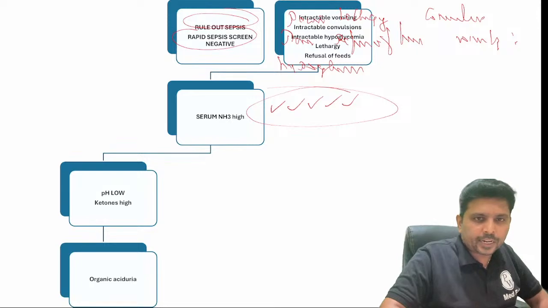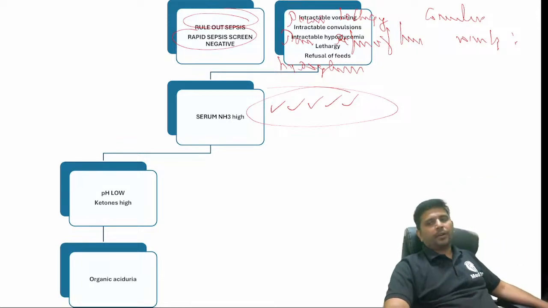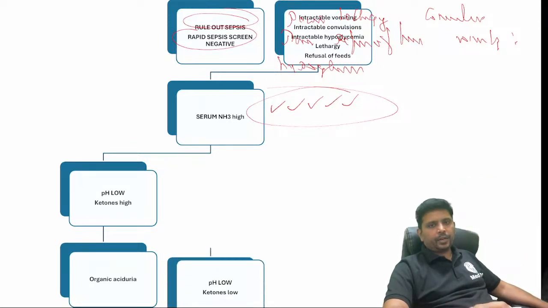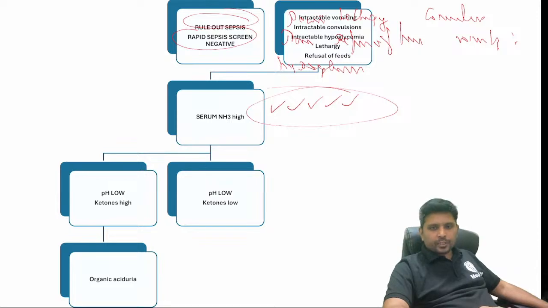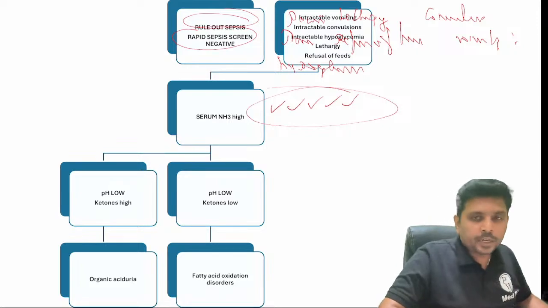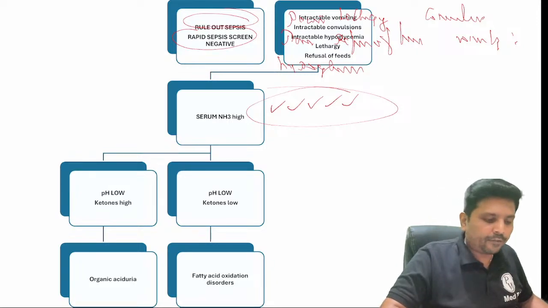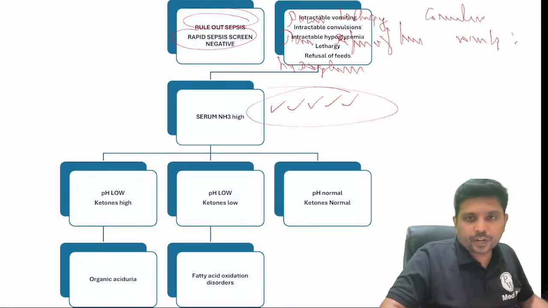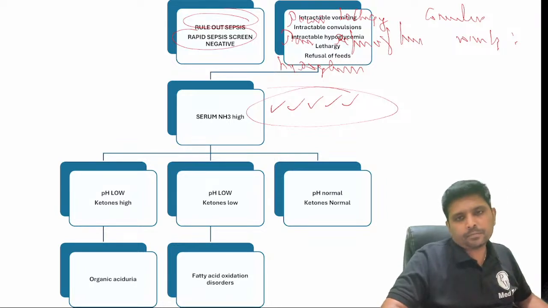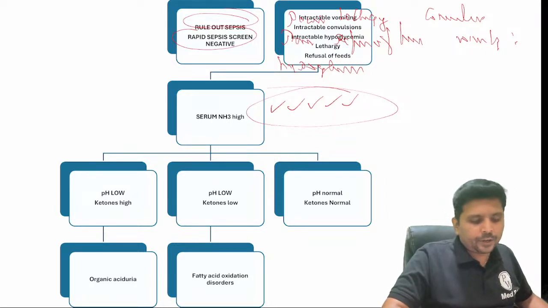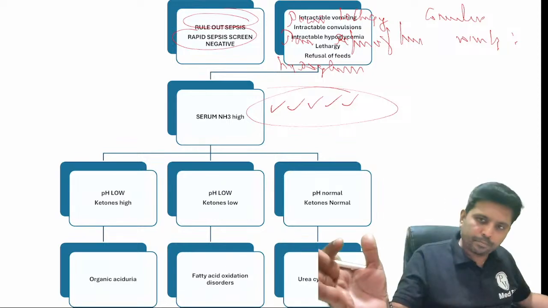When acidosis and ketones are high along with hyperammonemia, it is organic aciduria. When acidosis is present but ketones are low, it is nothing but fatty acid oxidation mitochondrial disorders. And finally, when pH is normal, ketones are normal but serum ammonia is high, urea cycle disorders. That's it.